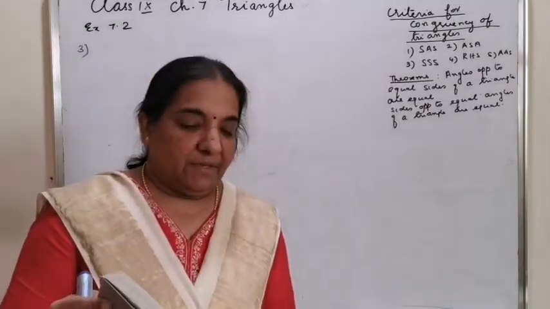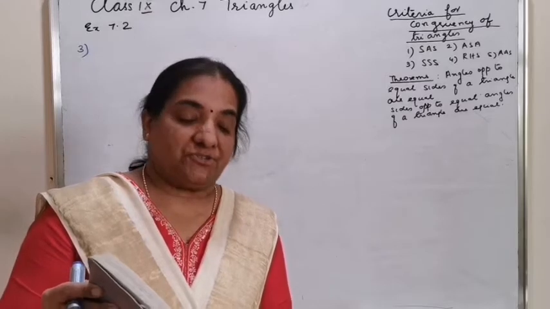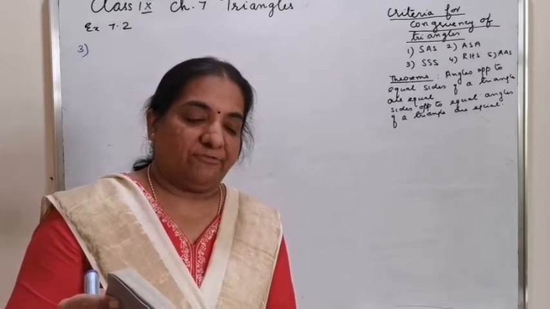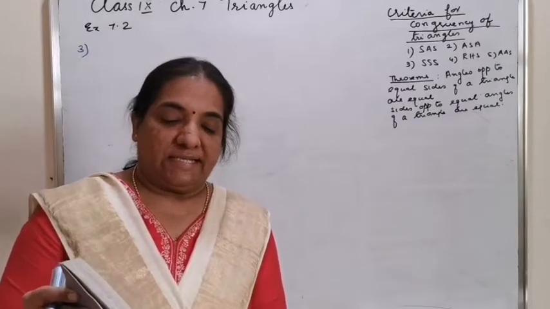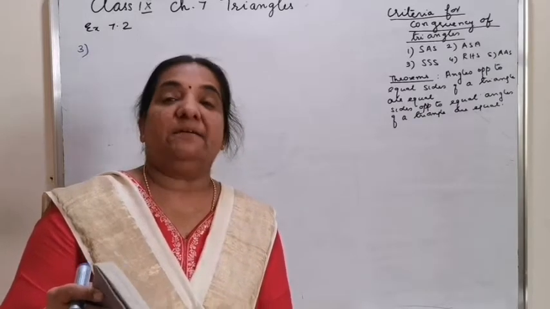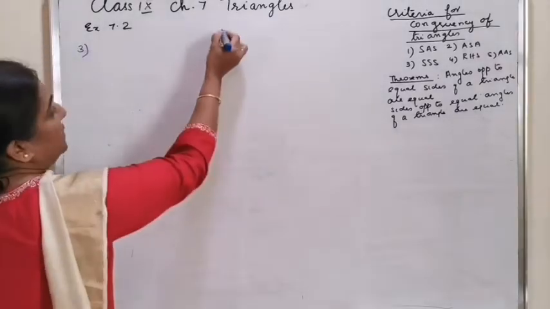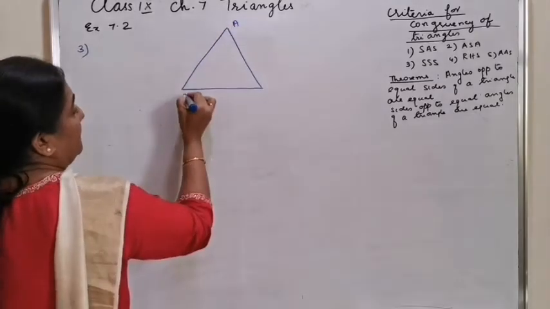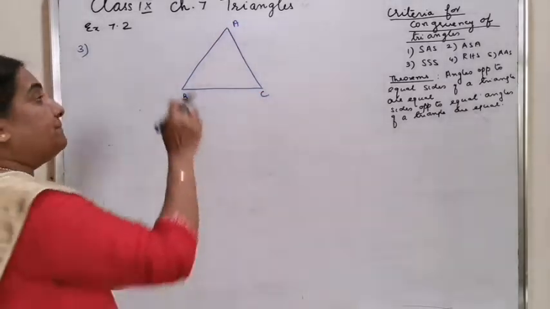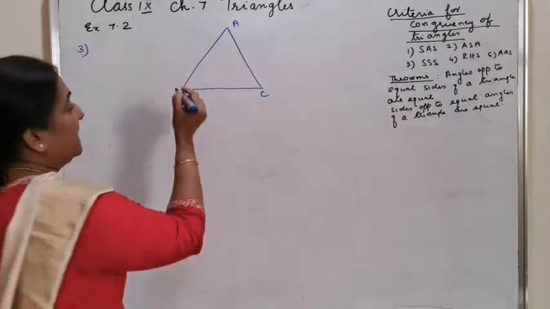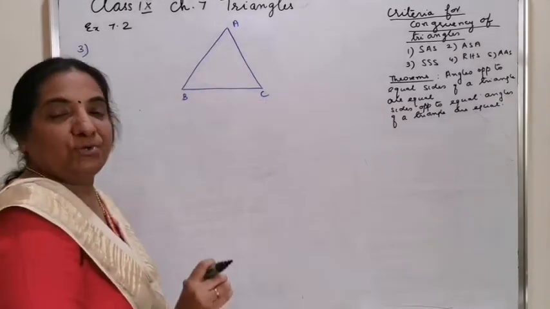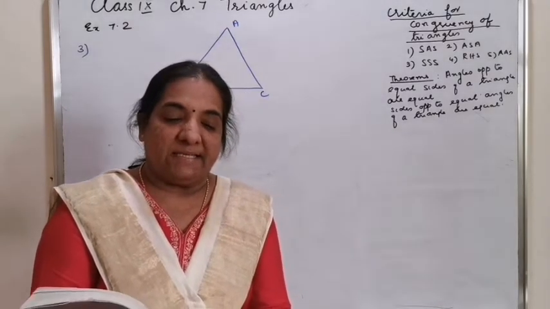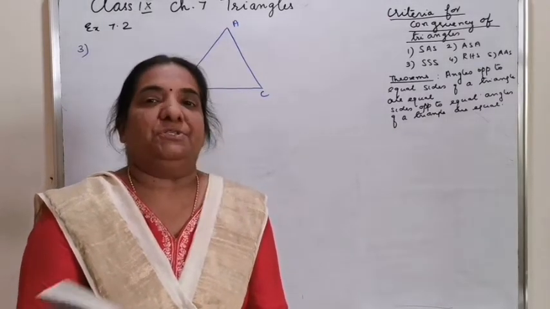Question number 3. Triangle ABC is an isosceles triangle in which altitudes BE and CF are drawn to the equal sides AC and AB respectively. That means triangle ABC is isosceles. From that sentence, AB equal to AC, which proves that angle B and angle C are also equal. The next hint is BE and CF are altitudes.